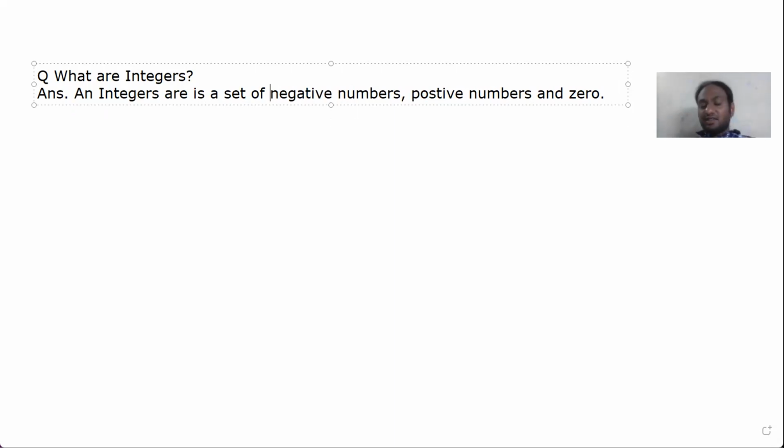So we can say that it is a combination of all three, that is negative numbers, positive numbers, and 0. And always keep in mind that 0 is considered neither a positive number nor a negative number.